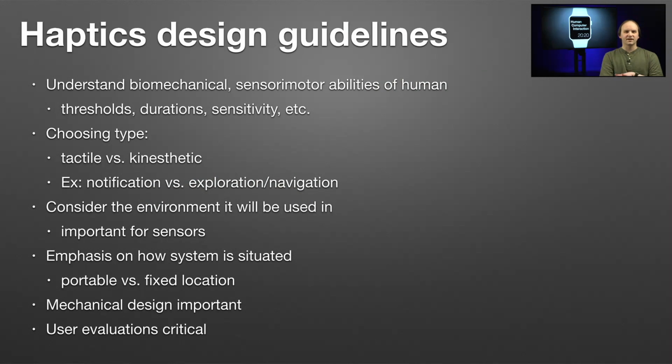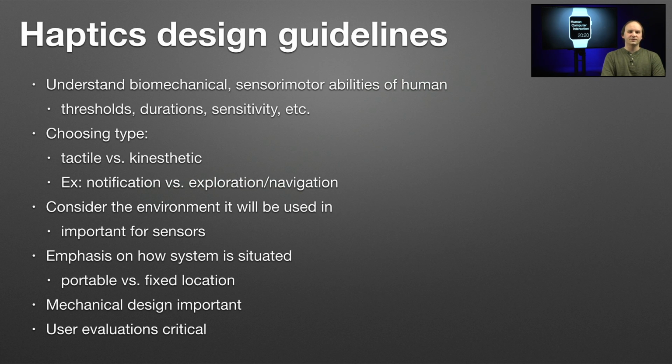In the exploration task, a user might have their hands in some kind of apparatus, and they're using it to feel through something, and you're using motors to push them at a big scale, right? So they push on their muscles, and they're getting feedback that way. Whereas if you're just giving them a notification, then you might just be doing just the cutaneous, just a little vibration on their skin.